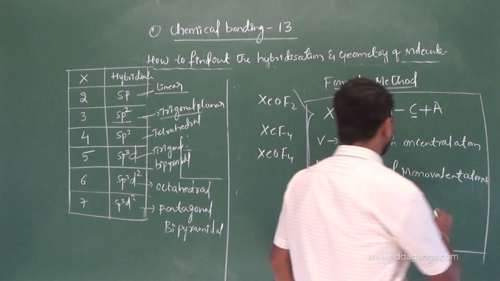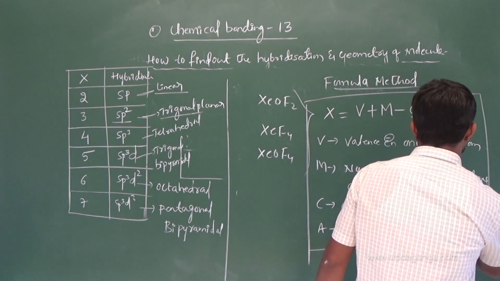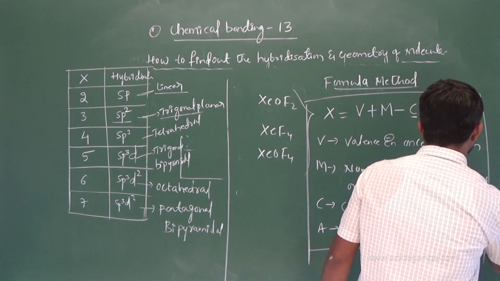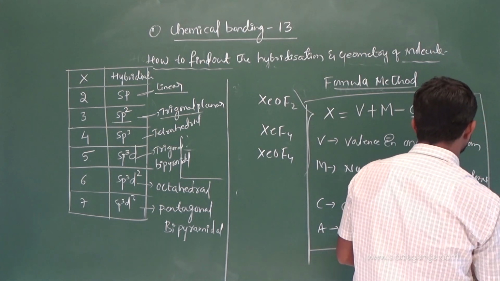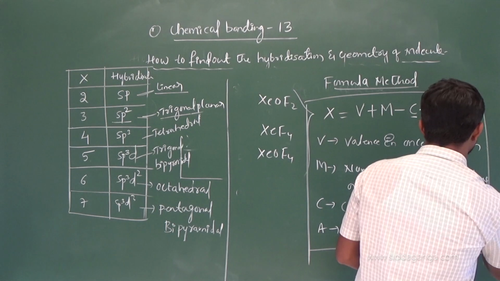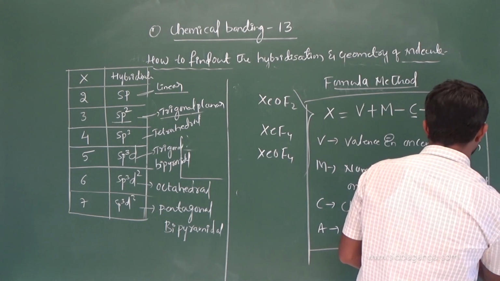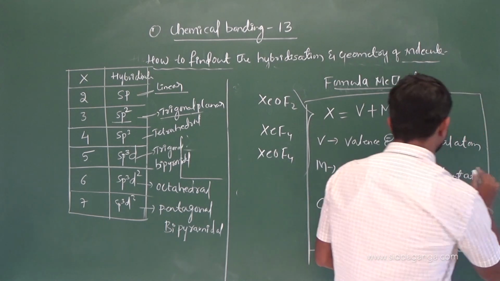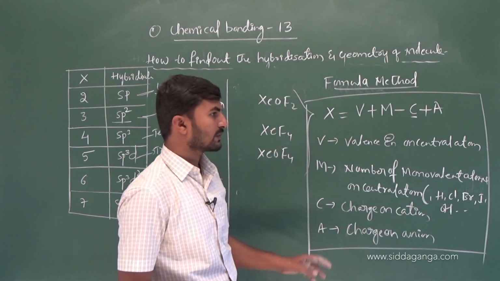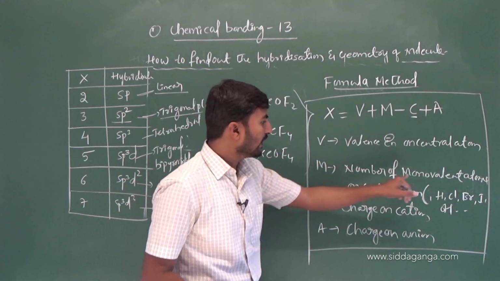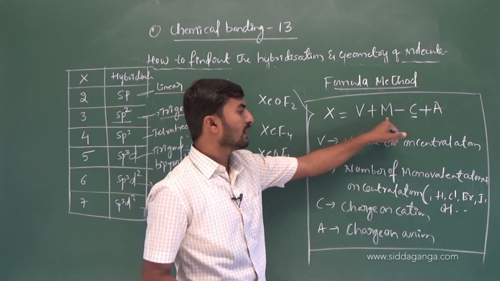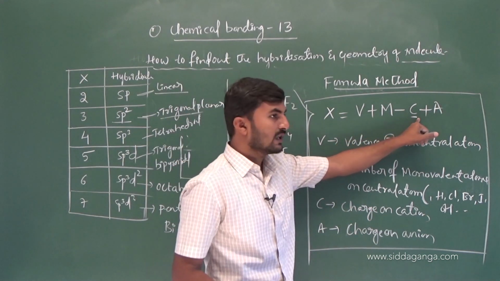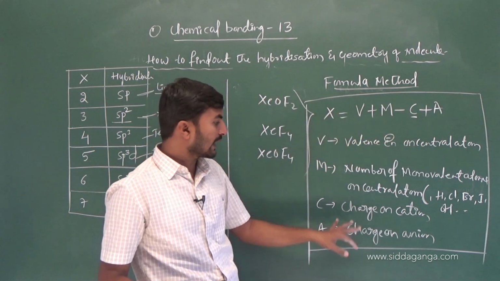Which atoms are monovalent atoms? Hydrogen, Cl, Br, I, OH, etc. Okay, these are the monovalent atoms. The number of monovalent atoms present on the central atom is represented by M. Then this is C. C stands for charge on cation.